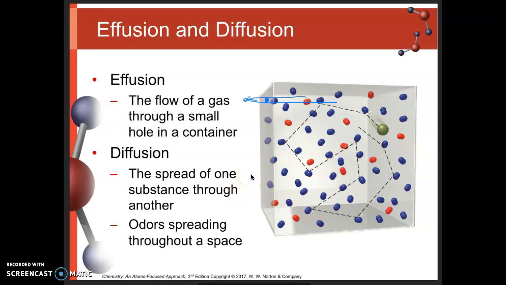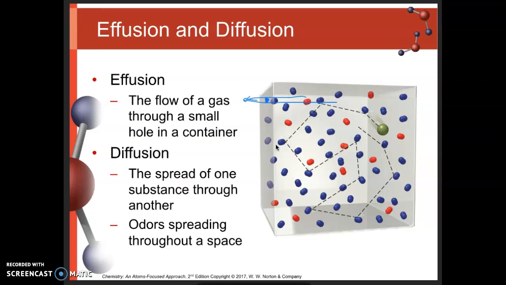Diffusion is slightly different. Diffusion is about the spread of gases or the spread of substances from one area to another. So from a gas perspective, we're talking about the spread of gas in all directions and how quickly that process happens. Easy way to think about this is let's imagine that you're at home, you're making cookies, and the cookies are in the oven and you're waiting for them to finish up, but you're in a different room.